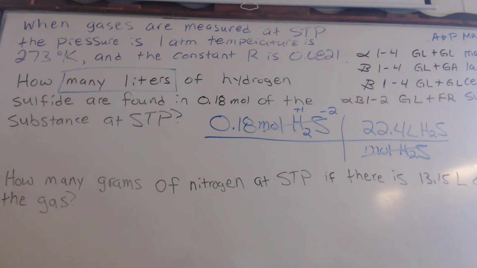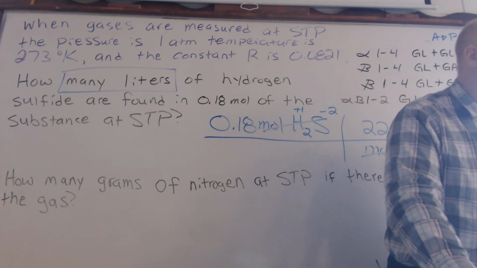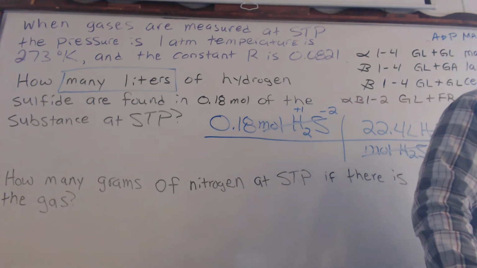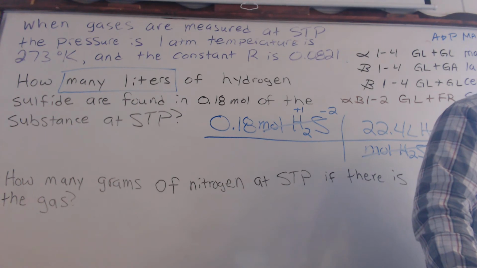Now, that's not to say you can still use the ideal gas law if you wanted to. It's just a little more work. It's kind of like, for some reason, I'm trying to think of what it is in Algebra 2. The quadratic equation always works. Is that when you're factoring? Does that sound right?